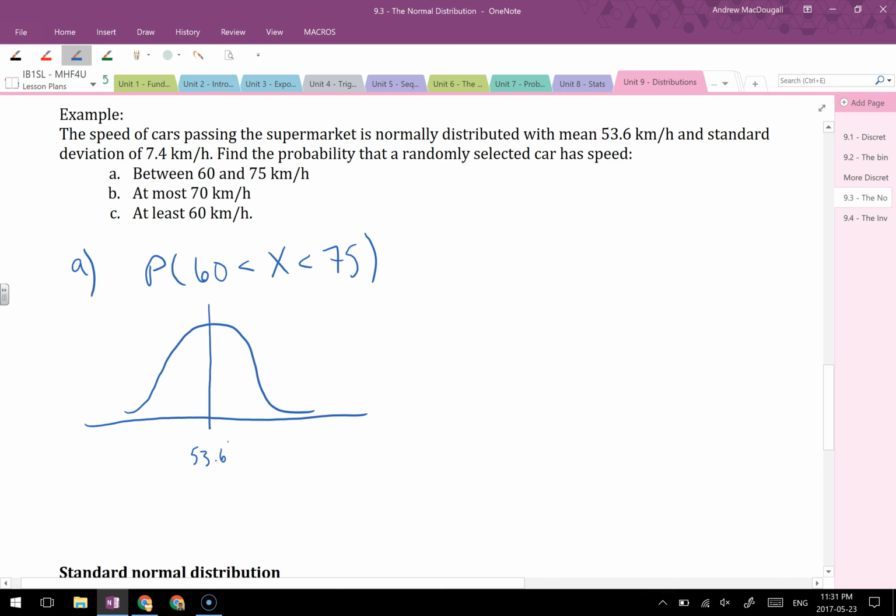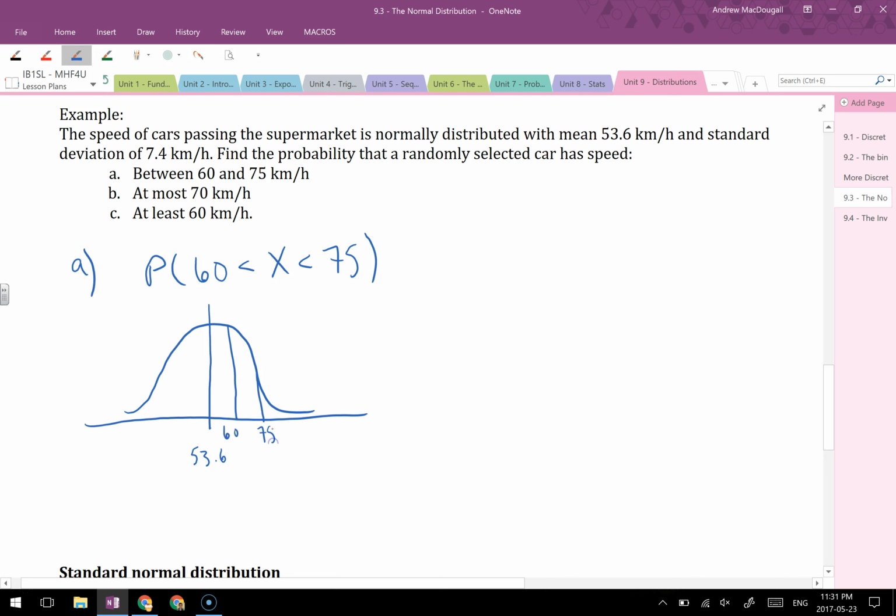To make an accurate picture, the area I want is between two points that are both to the right of the average. So I want to calculate this area. That area will give me the probability that x is between 60 and 75.